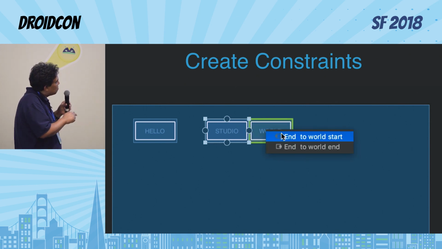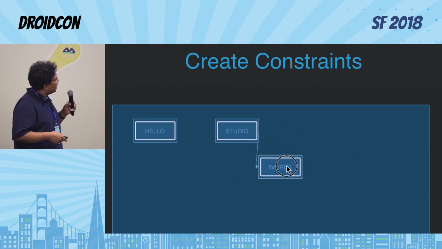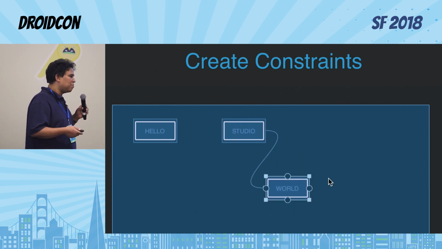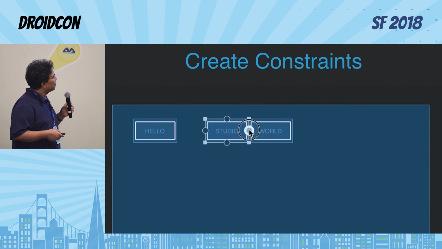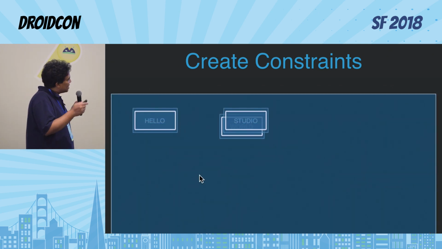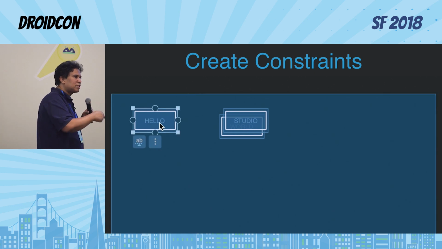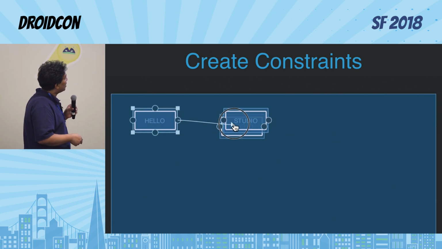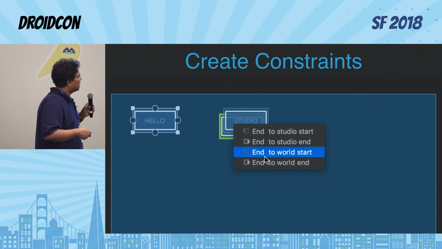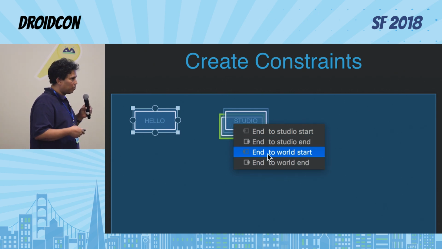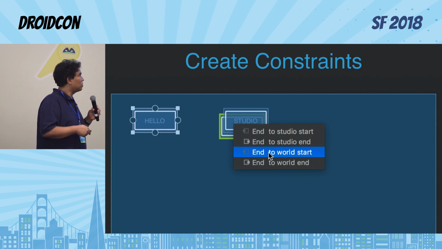If you drag to the middle, anywhere on the surface that is not an anchor, it will give you a little tiny pop-up that asks which one you want to connect to. That's also very useful if you have stacked views. If you drag here, it casts a ray through and sees what it's above and allows you to connect to all the appropriate sides of each of the views.